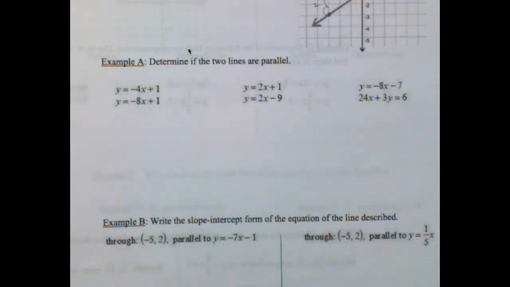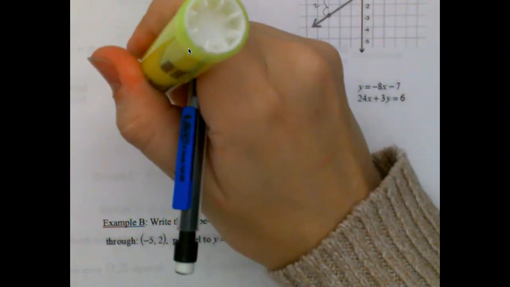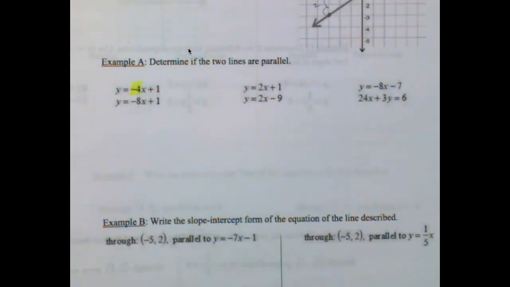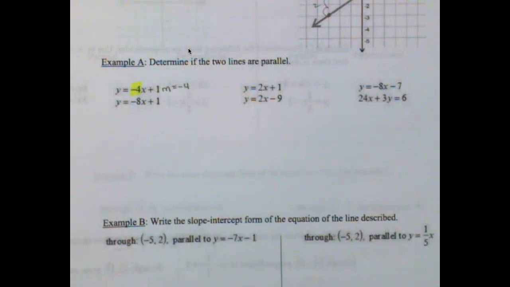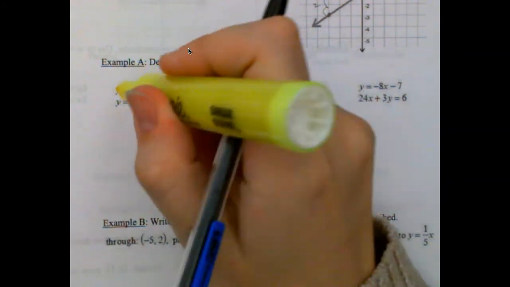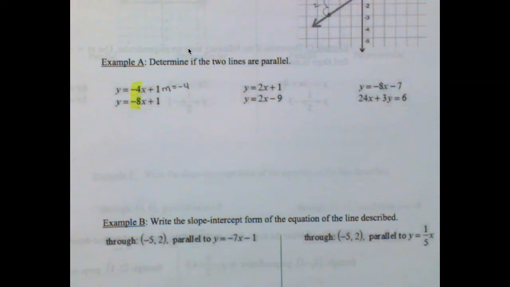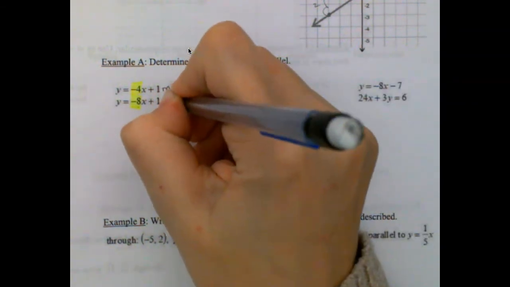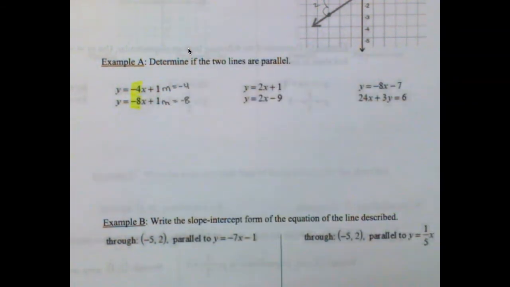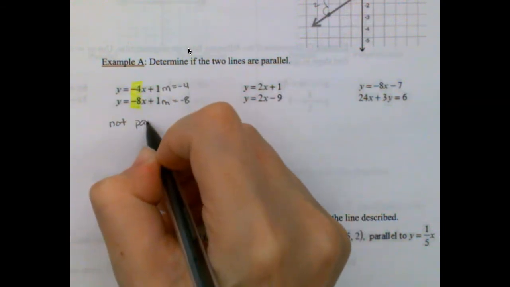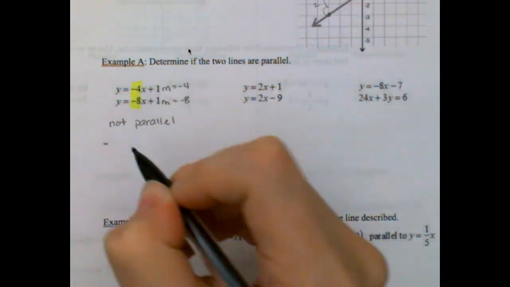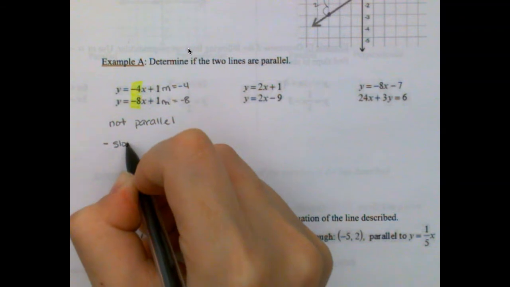I need to determine the slope of each of them. So for this first line, that's in y equals mx plus b form, my slope is negative 4. For the second line, it's also in y equals mx plus b form, so this slope is negative 8. So are they parallel? No, they are not parallel, because the slopes are different.